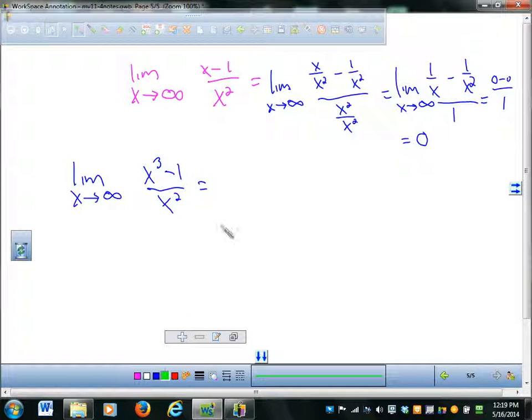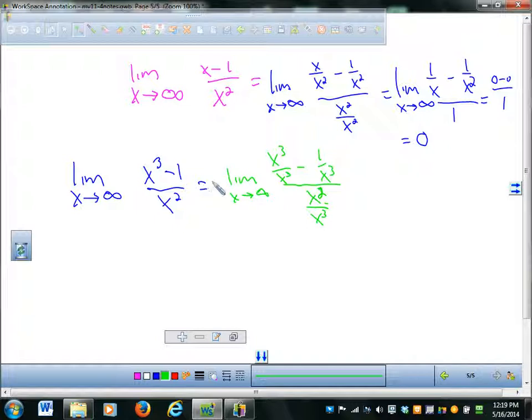So what I'm going to do is rewrite this as a limit as x goes to infinity of x cubed over x cubed minus 1 over x cubed, over x squared over x cubed. I know you know a better way to do it, right?